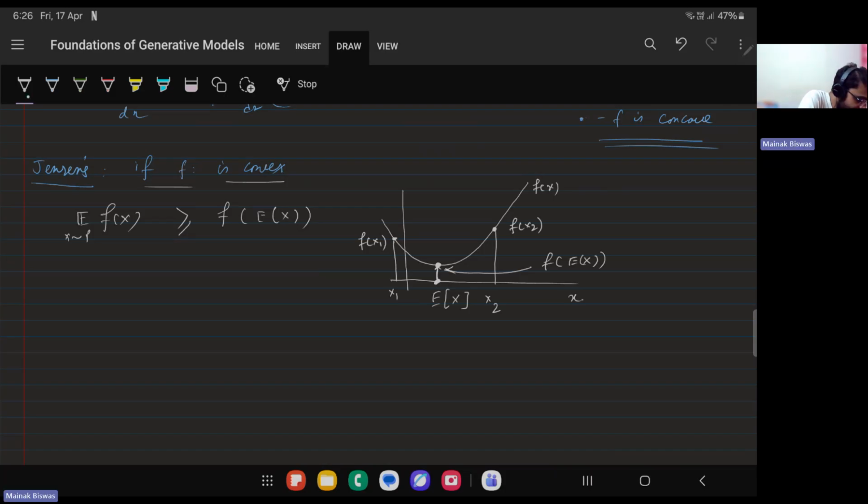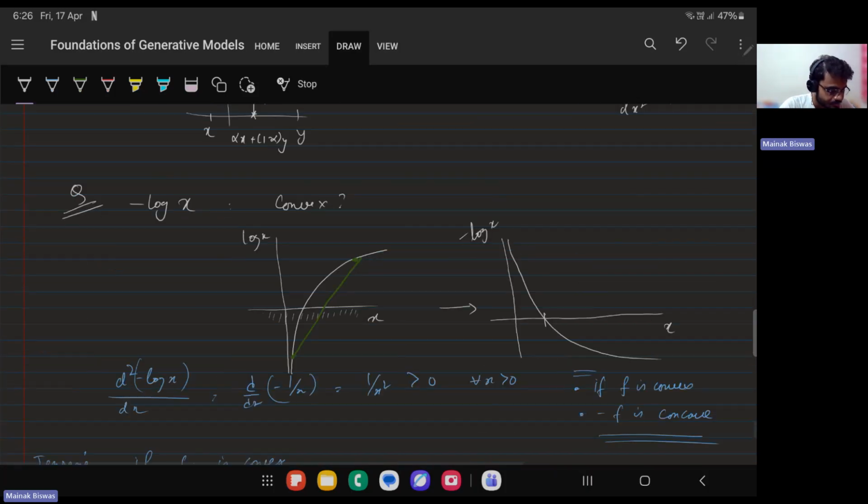And now if I take the average value, it's f of x1 plus f of x2 by 2, so it will be somewhere here. You can clearly see that the expected value of f of x, which is the average of these 2 points, is clearly above. So this is strictly greater. This is how you can remember Jensen's inequality.